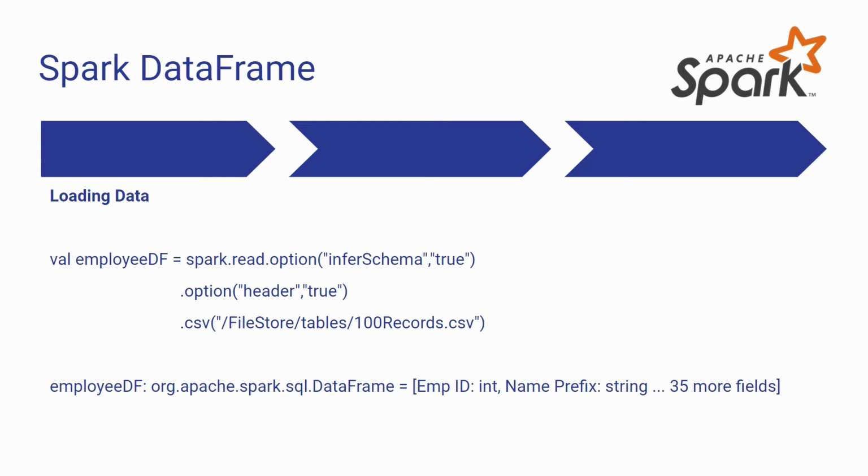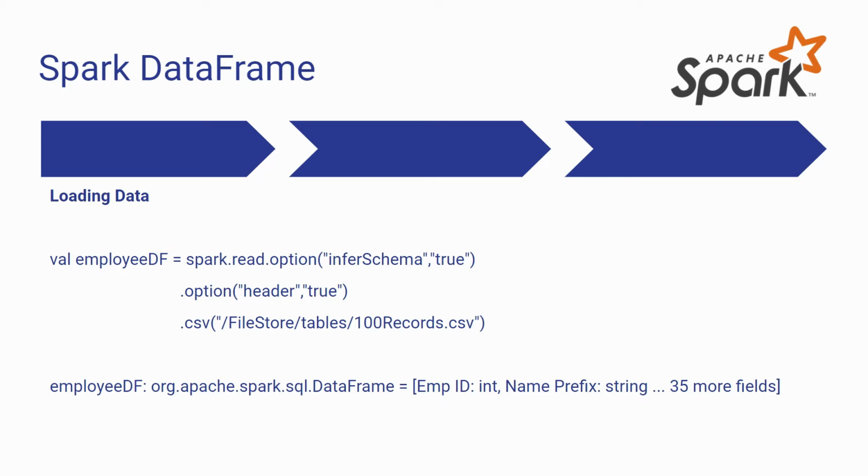Spark is the entry point into the Spark environment. Read.option inferSchema true indicates it will inherit the data type or format of the data with respect to its column name. We will see this in the live demonstration.